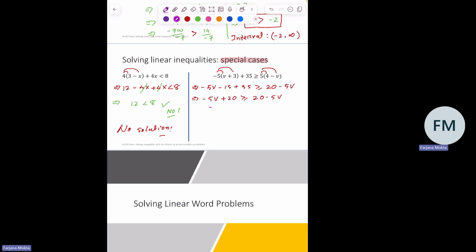Let's add 5v on both sides. So cancel, cancel, and we get 20 greater or equal 20. Is this true? Yes, it is. Because we have the inequality symbol greater than or equal. 20 is indeed equal to 20, right? And it's a true statement.